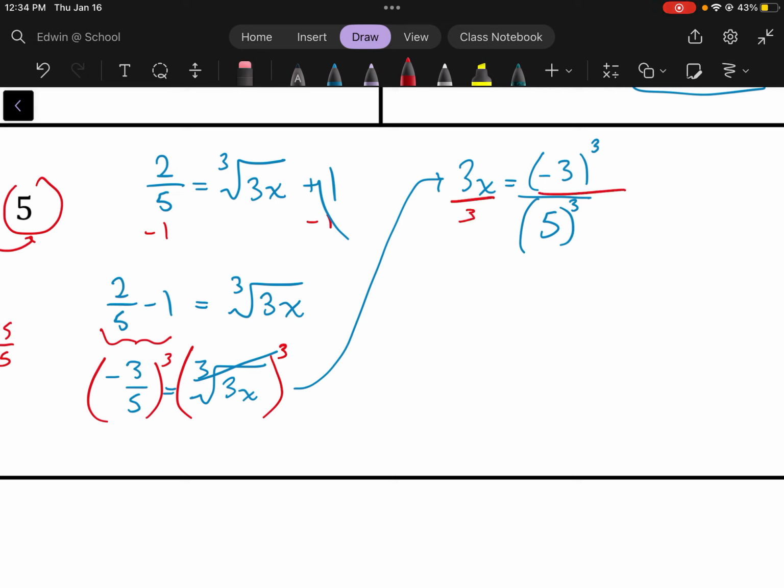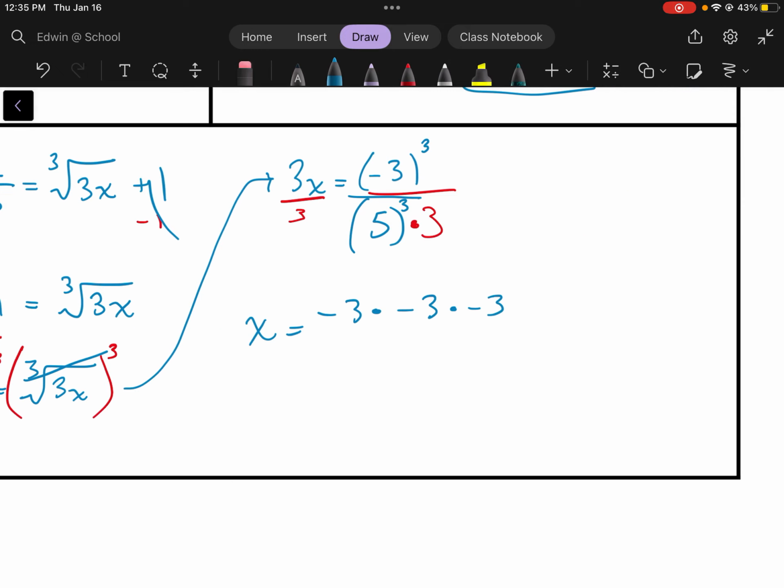The last step is to divide by 3. So when you divide by 3, you could just divide it and put it at the bottom like that. So x is going to be equal to -3 times -3 times -3 divided by 5 times 5 times 5 times 3.